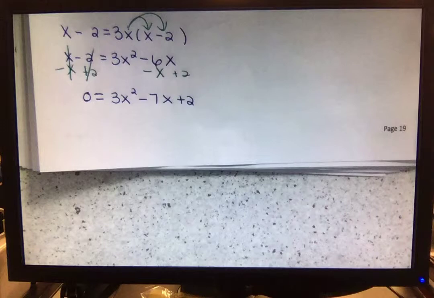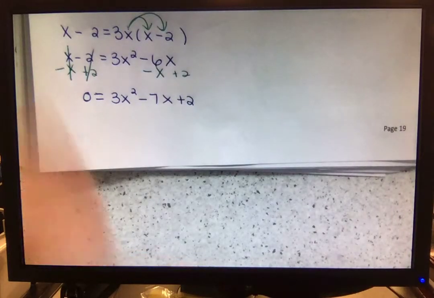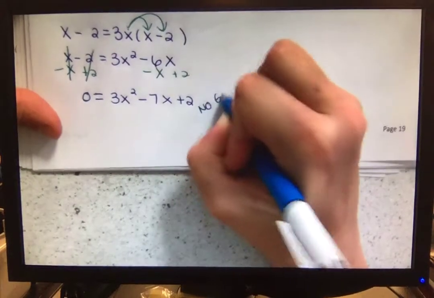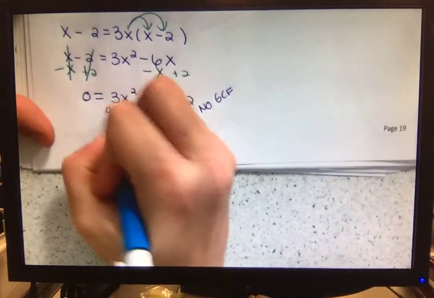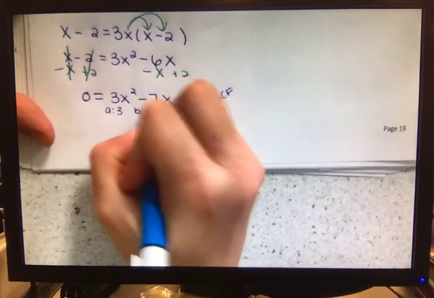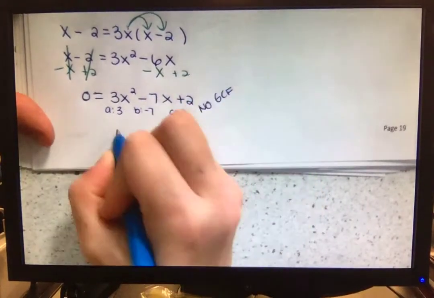So it's a quadratic in standard form, it's set equal to 0. So that means we have to factor. There's no GCF. Our A value is 3. B is negative 7. C is 2.